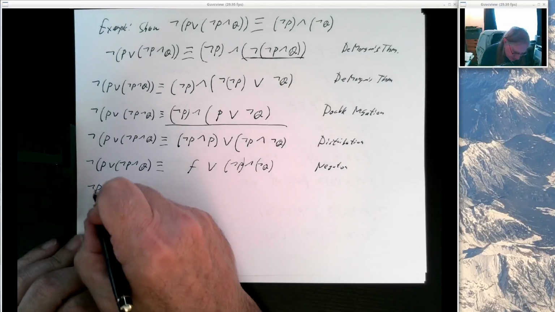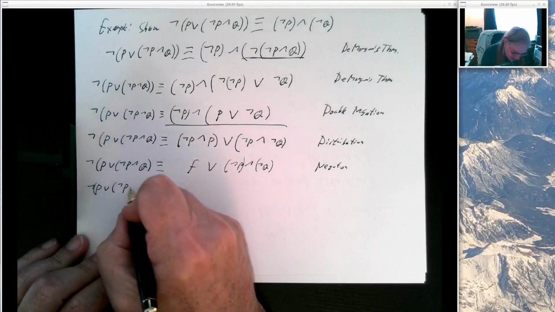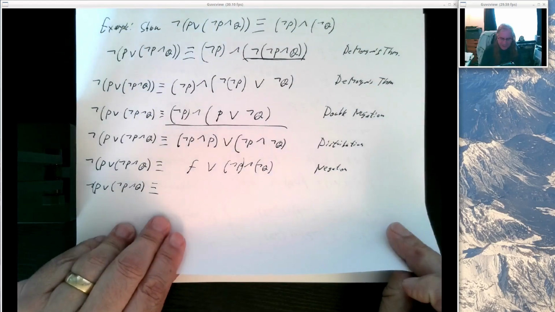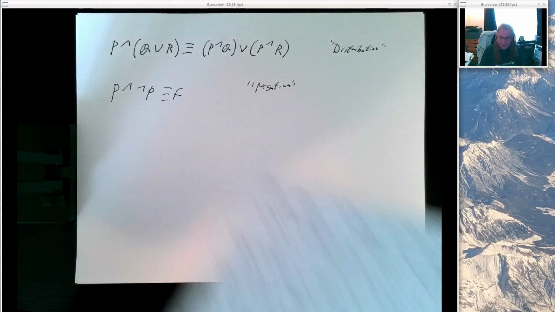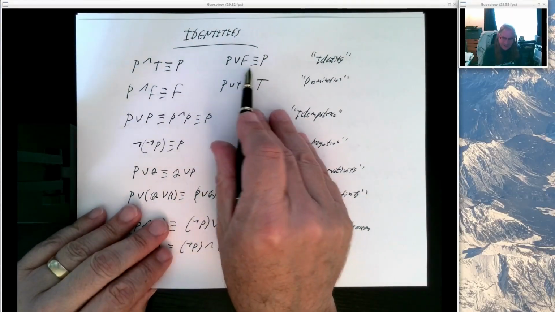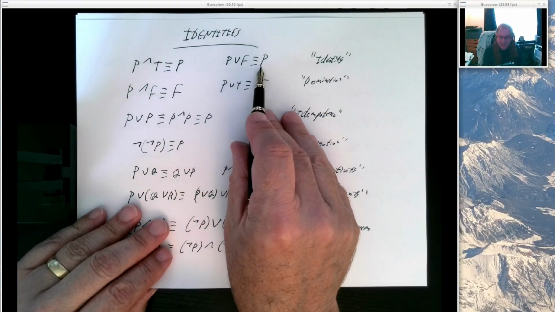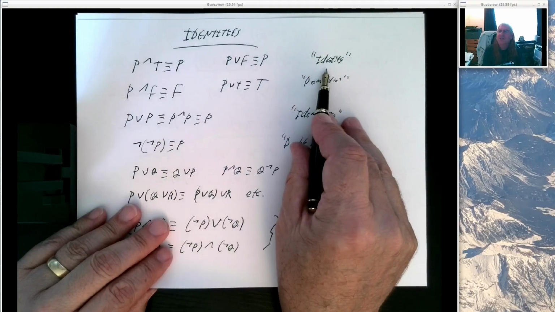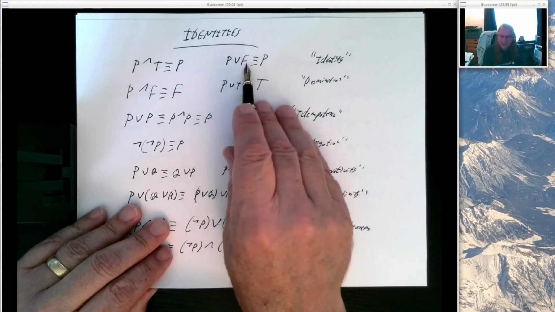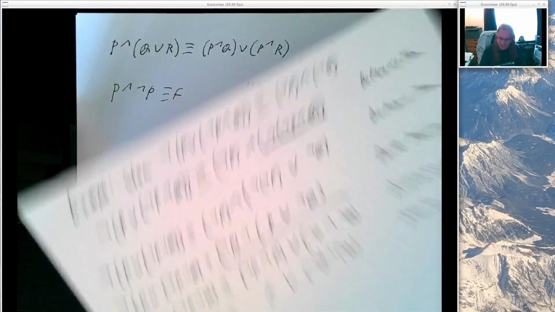And now not P or (not P and Q) is logically equivalent to, well, I have another identity here. I have false or something, and I had an identity which said P or false is equivalent to P. That was something we call the identity property. So a disjunction with false just gives me my original proposition.